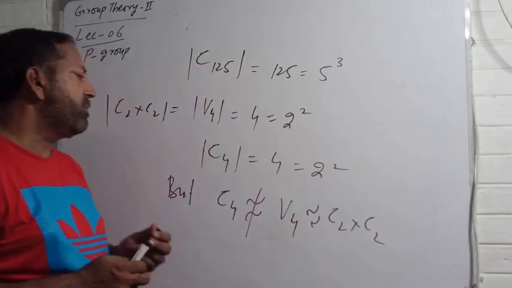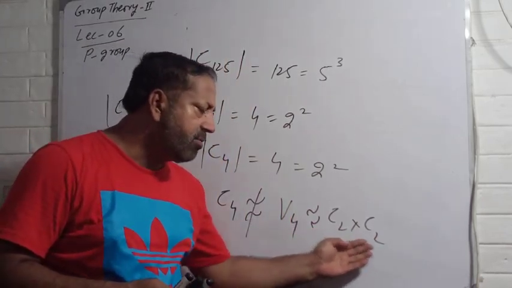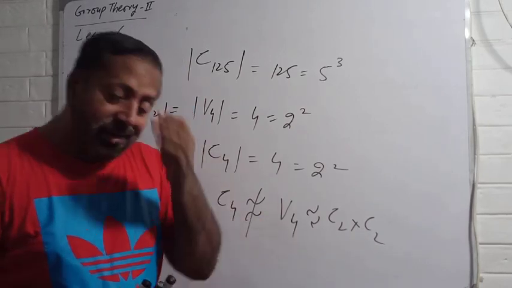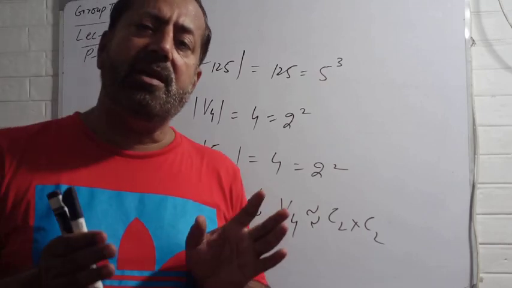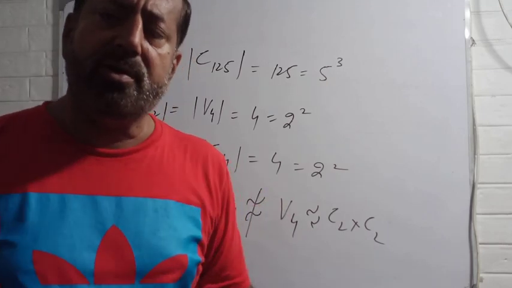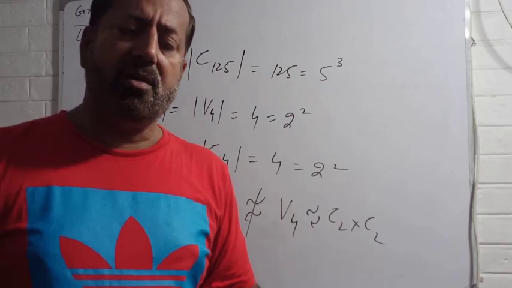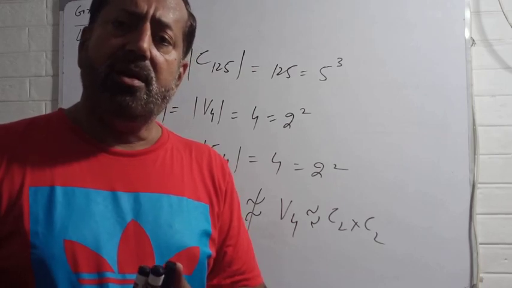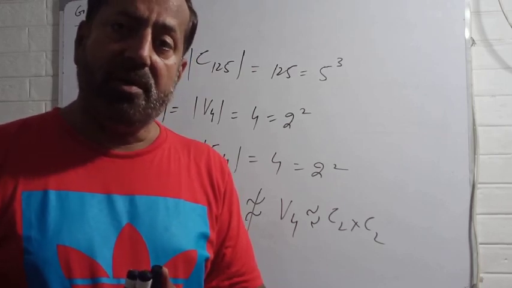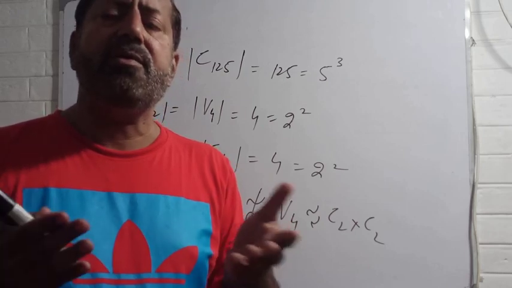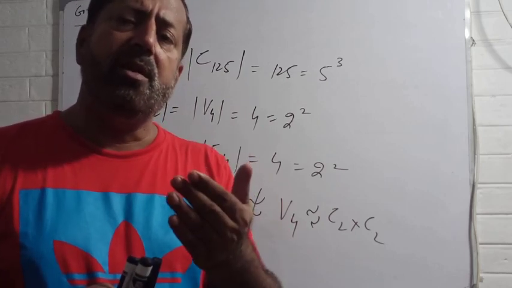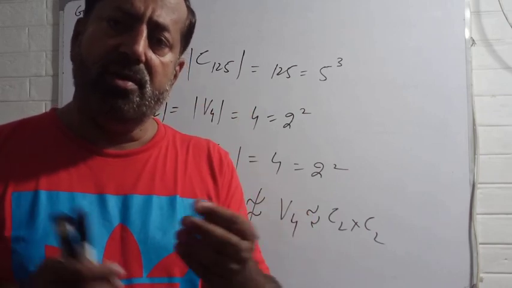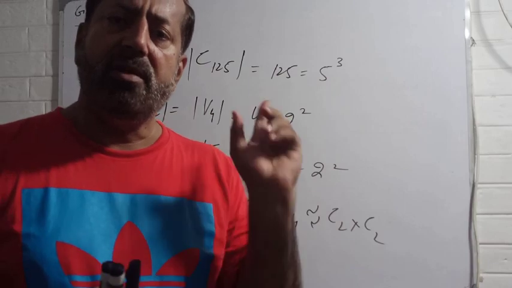So these are the different abelian groups of order 4: C2 cross C2, and the C4, which is not isomorphic to V4. With the help of these examples, we can see that you may have more p-groups corresponding to a fixed p, and also that these p-groups are not isomorphic to each other. You may have such p-groups corresponding to a fixed prime p which are not isomorphic to each other. This was the notable point of these examples.